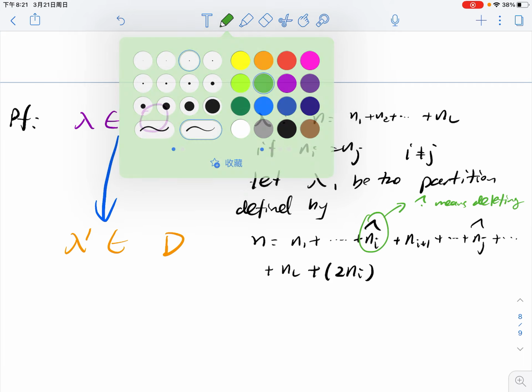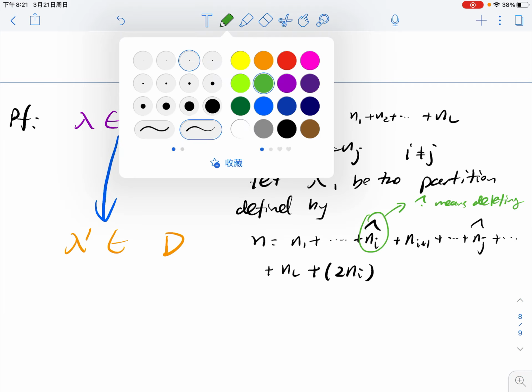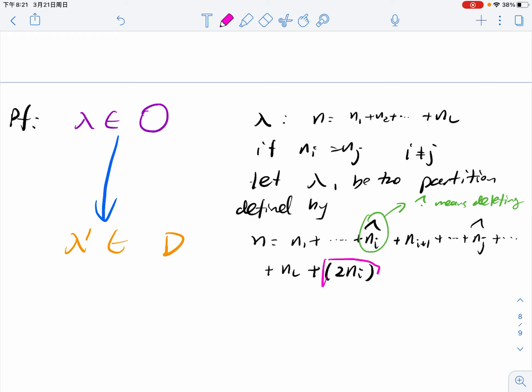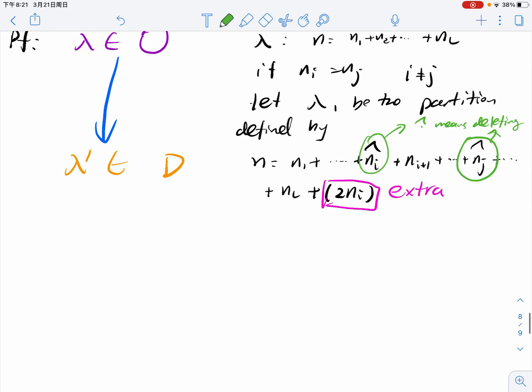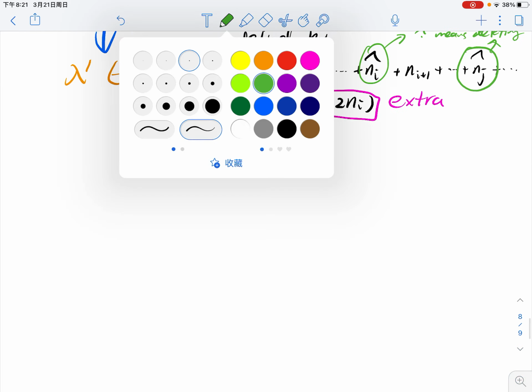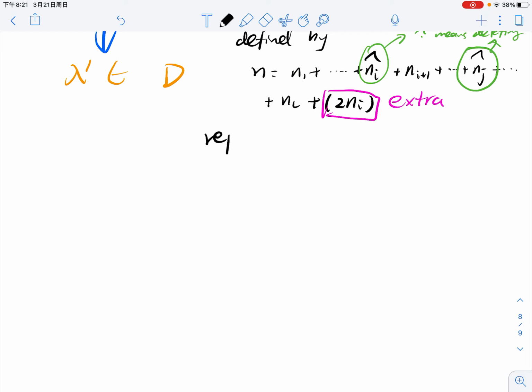So these two are deleted, and then repeat the above procedure.